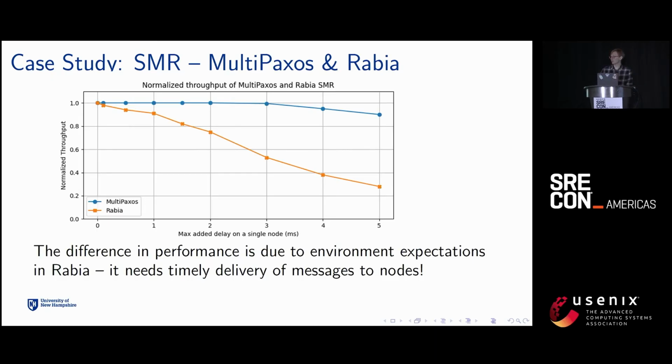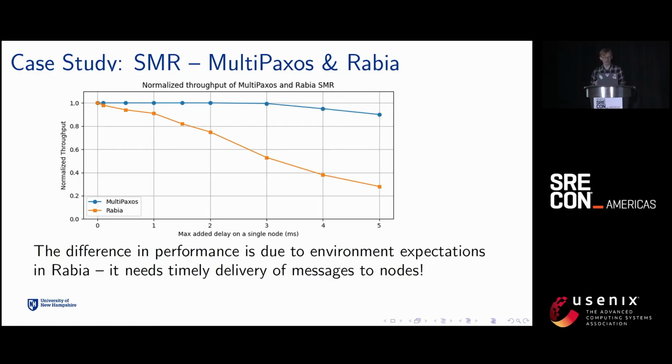Now, I want to say that while this is an academic protocol, I have seen some of the ideas expressed in this paper taken into open source. So, beware. The difference in performance of these algorithms is really that expectation mismatch.